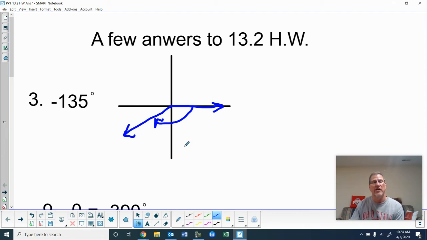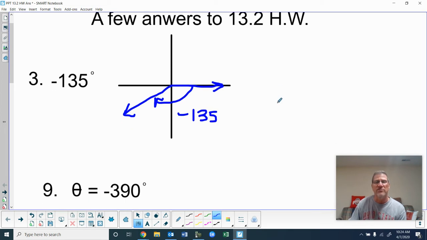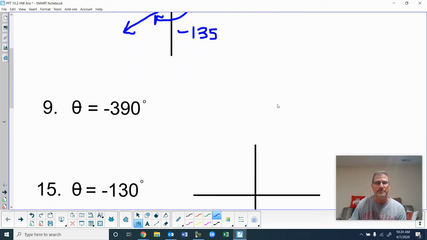So there's our negative 135 degrees, and usually we label it with whatever it is. So it ended up in that third quadrant. Remember, first quadrant, second, third, and fourth. So that's the negative 135 degree angle in standard position. I don't think anybody had issues with those two problems.